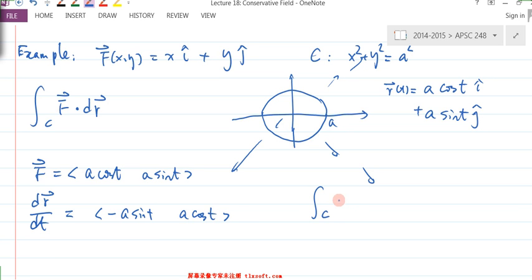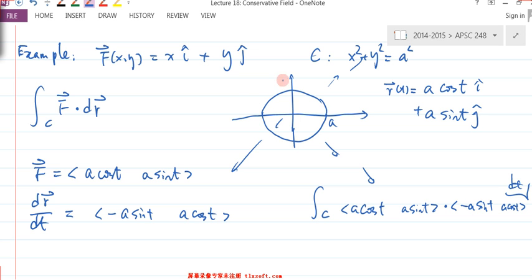So this vector dot that vector, and dt. The integral limits are the limits for t.